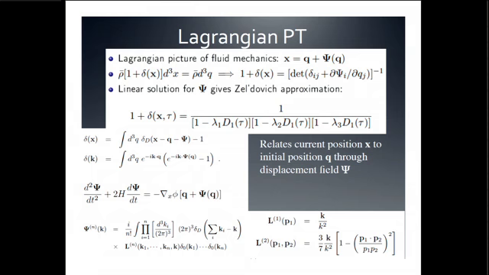So we write the particle position as the initial position plus the displacement. Okay? And then we can get the density perturbation by just mapping from the initial density, which is homogeneous, to the final density. Right? So we get this kind of Jacobian, which, if you know what psi is, you can do its gradient here, and you can write this kind of solution, which is the so-called Zeldovich approximation.